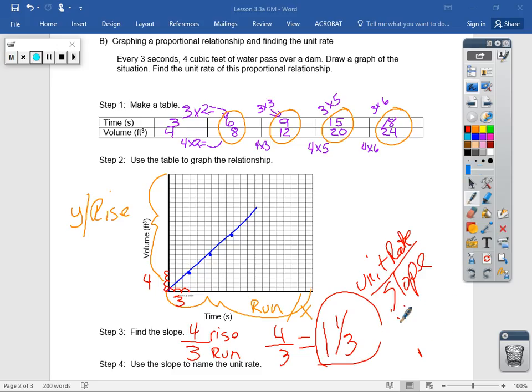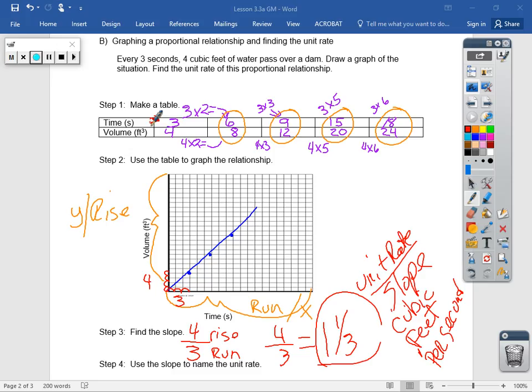Sorry, I said gallons, but it's cubic feet. And that is going to be per second. Because remember, our first one was 3 seconds. So our unit rate for every second is 1 1/3 cubic feet. That's a lot.